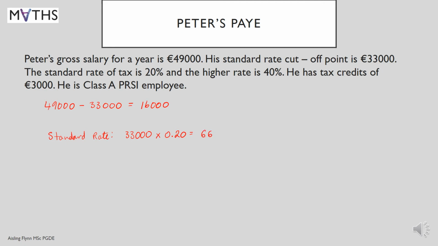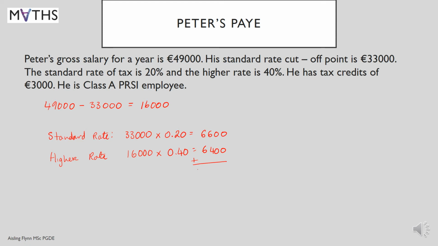So we get 6,600 for that. Higher rate is next. Above we've seen that €16,000 remain to be taxed at 40%. So let the calculator do the work, and we get 6,400.